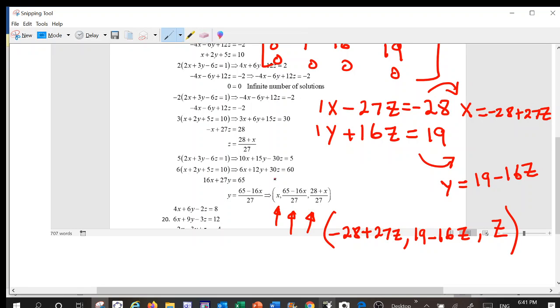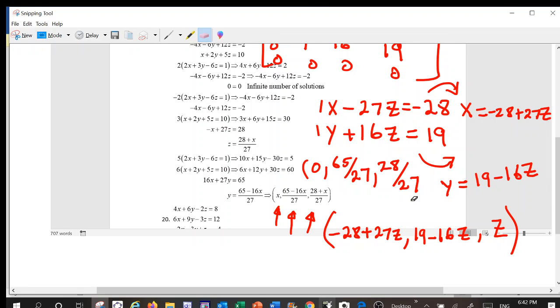Let's say, for example, if x is 0 here, what do you get? You get 0 and 65 over 27, and you get 28 over 27, right? Now, if you let z be 28 over 27, this is going to be 65 over 27, and this is going to be 0.